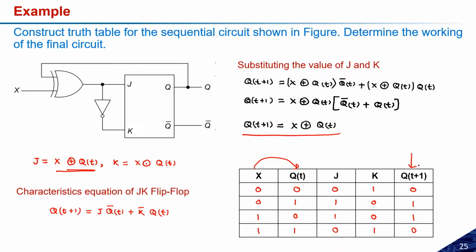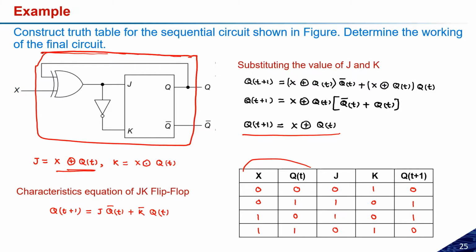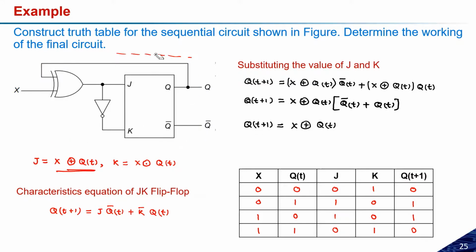So the final circuit, whatever Qt+1 we get based on the input and Qt, is nothing but the T flip-flop, made with the help of a JK flip-flop. This is how we can determine the logic circuit.